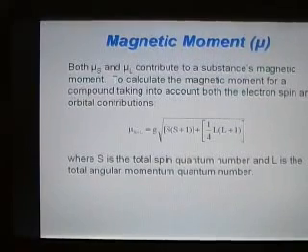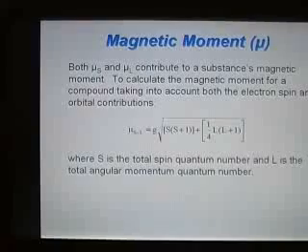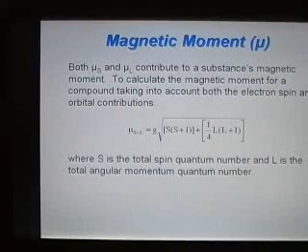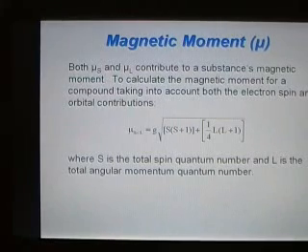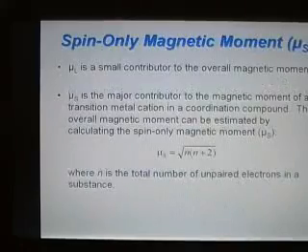This is a complicated formula, and I know you could use it if I gave you the gyromagnetic ratio, because it's actually very close to a set value. However, since the orbital component to the magnetic moment is very small, many times we just ignore it to estimate the magnetic moment for a compound.